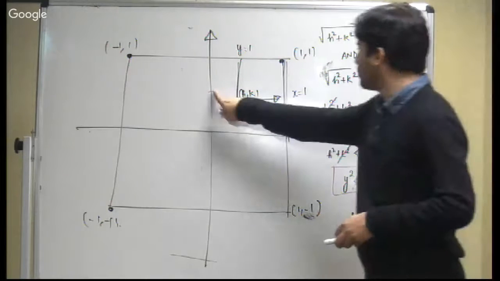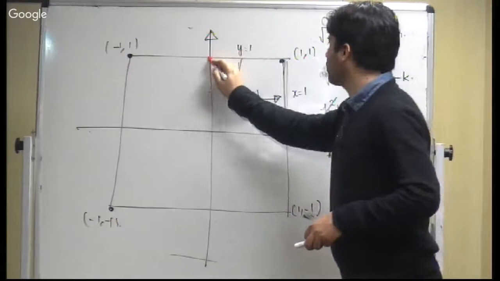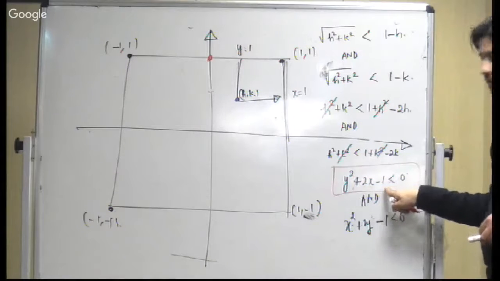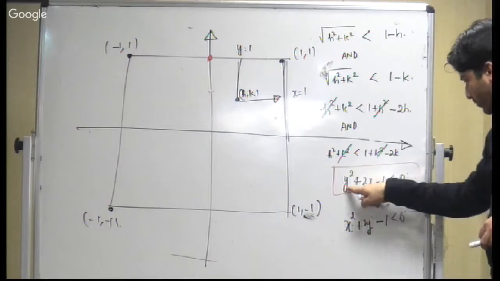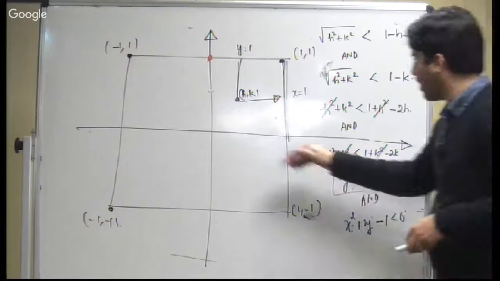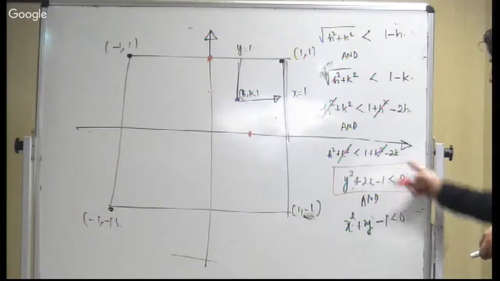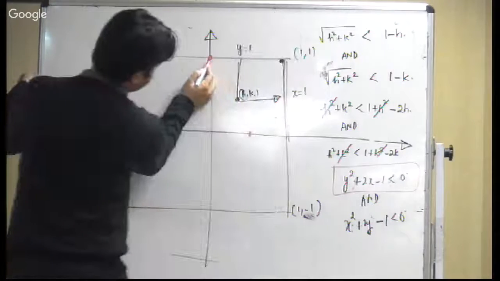At x is equal to 0, y is going to be 1, and at y is equal to 0, x is going to be half. So this is going to be the graph, y square plus 2x minus 1. Okay, so this is going to be this way.